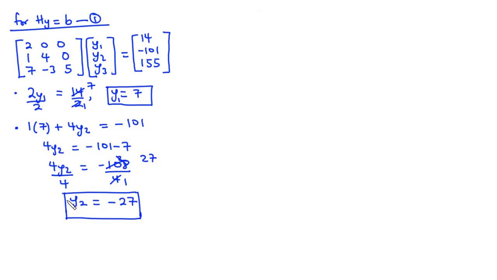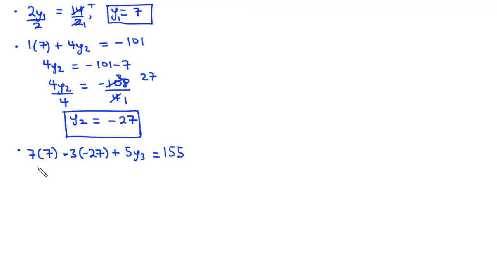Now moving on to y3. From row 3 we are going to have 7 times y1, which is 7, and then minus 3 times y2, which is negative 27, plus 5y3 equals 155. So here we are going to have 49, negative negative positive, so plus 81, plus 5y3 equals 155.